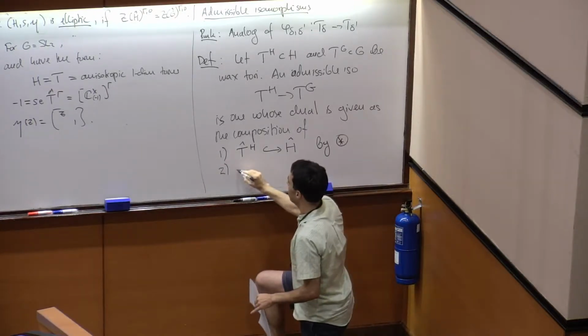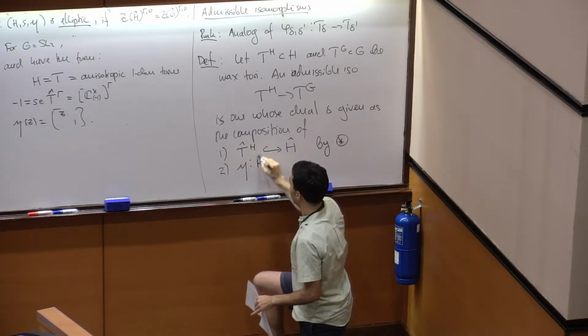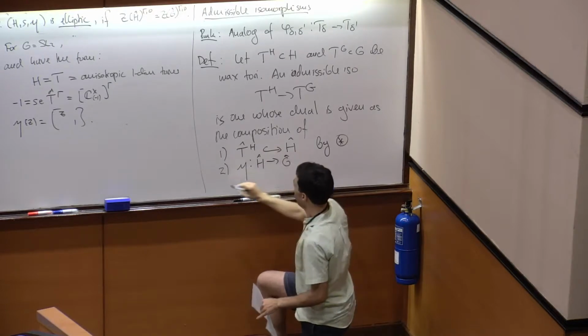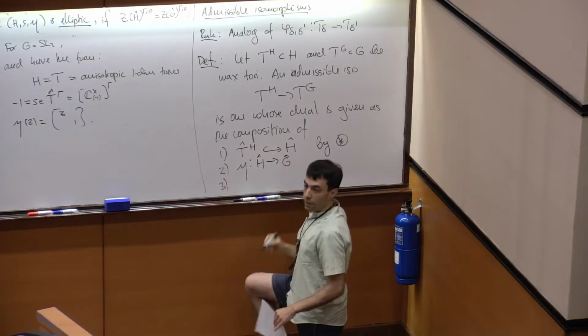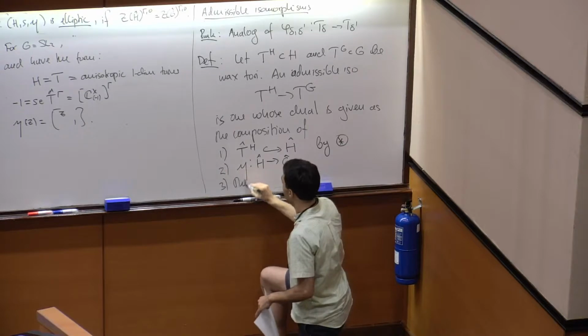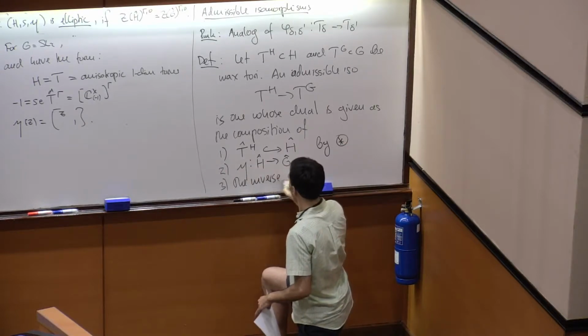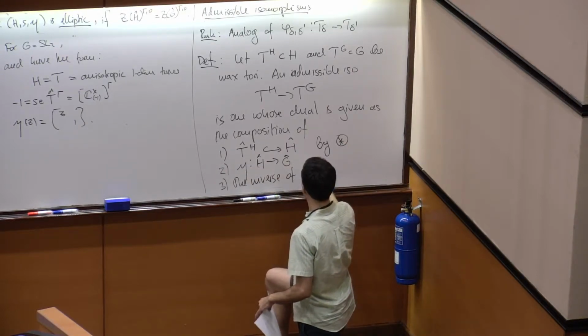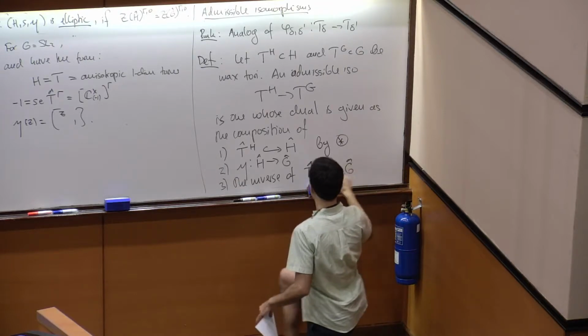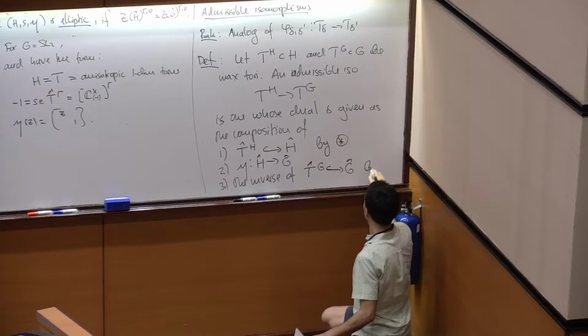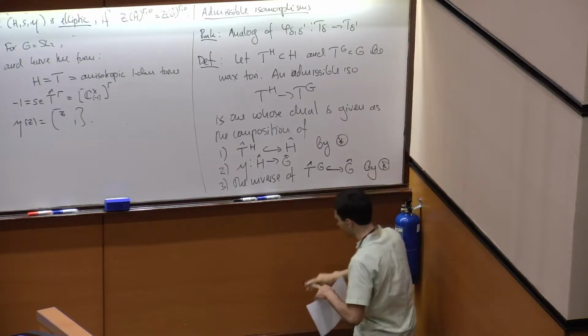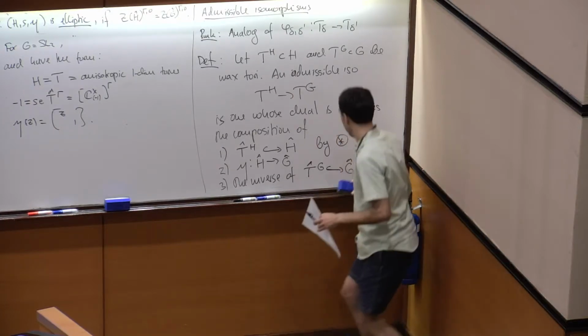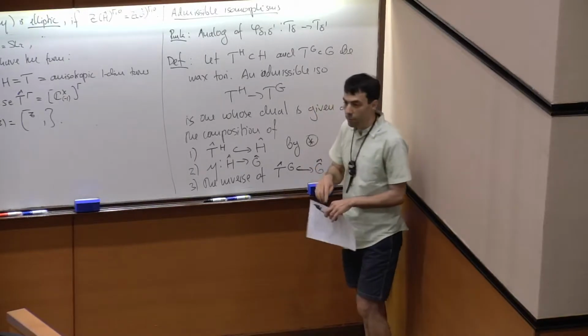2 is eta, which is part of the endoscopic datum. And 3 is the inverse of an isomorphism from T hat G, an embedding from T hat G into G hat, again given by construction star. So this is what admissible isomorphisms look like.